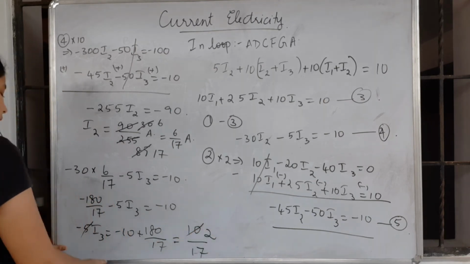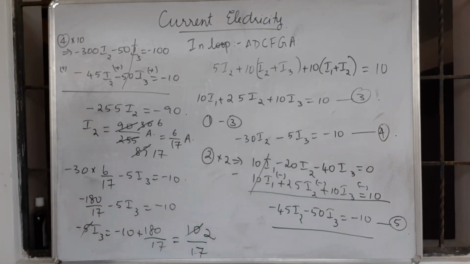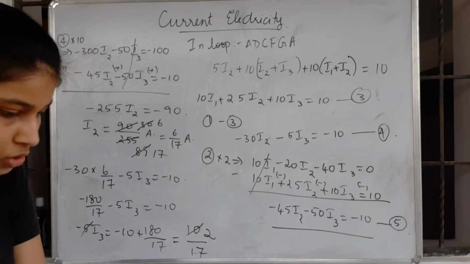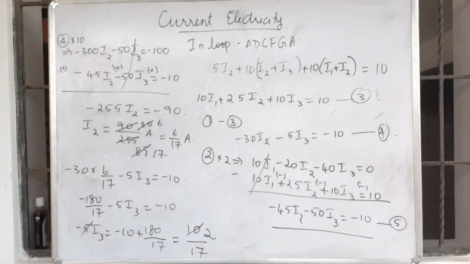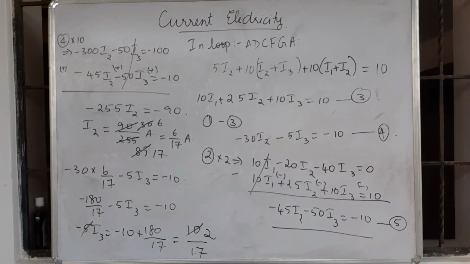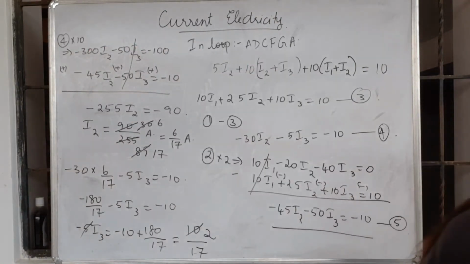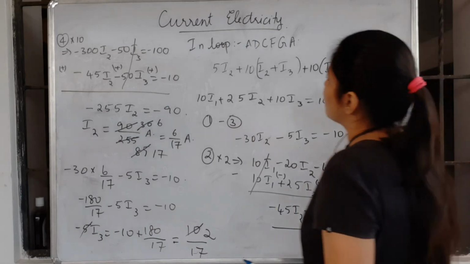So 2 times, and you can see I3 is negative. Okay, so if I3 is negative, that means the direction that we have chosen is opposite to the way it will be flowing. Yes, so I3 is negative, that means what? Let me erase.